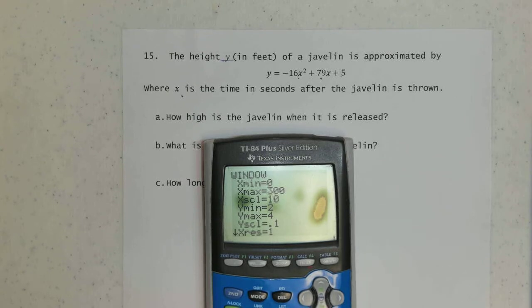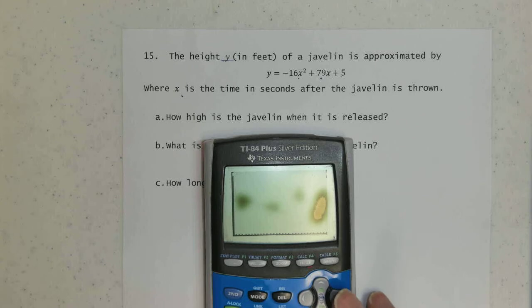How high will it go? Let's start on the ground as 0. Let's go 100 feet. Go by tens and hit the graph there.